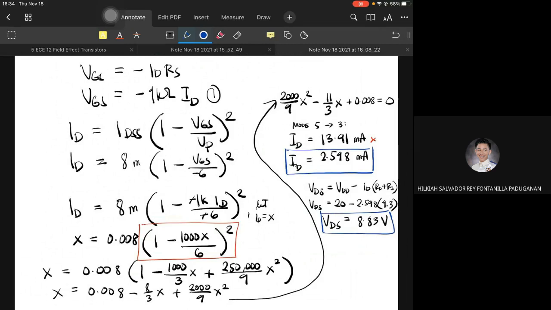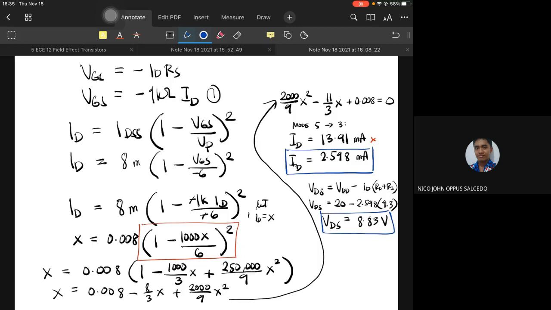Do you have the same answer? Same approximate answer lang, sir. So okay lang na siya. So, dire, ang medyo challenge lang, complex lang compared to the BJT, is ang Shockley Equation, ang paggawas sa ID.